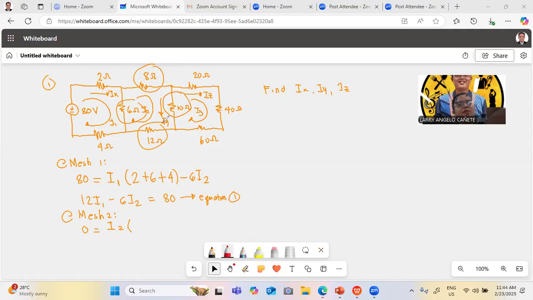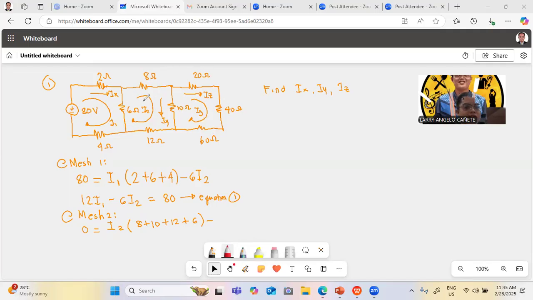So i-sum up mo yan lahat. So 8 plus 10 plus 12 plus 6. Minus, as what I've said, every time there is a resistor opposing to any other side of the mesh, then you subtract.